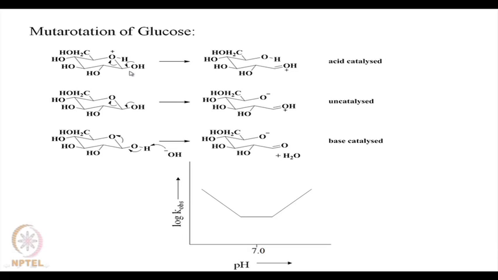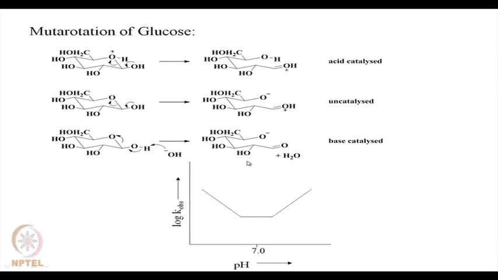So, maybe there is a very little amount of H plus which tends to protonate this oxygen, but since the concentration is less, that contribution is also less. In the same way, since OH minus is also less, the contribution of this step is also less, but it is happening because, although it is very low, it is finite, it has got some finite value.